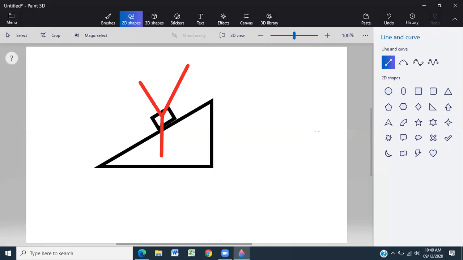So we're putting the effort at some weird angle.